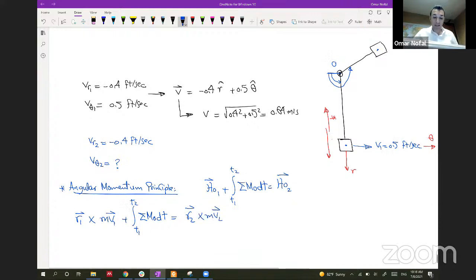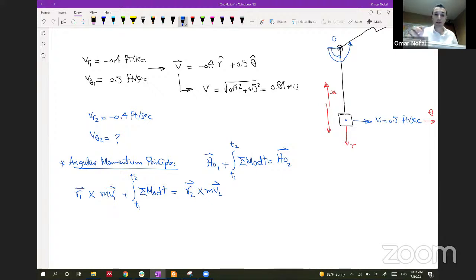Okay, so let's see if we have moments or not. Let's make sure this is a top view, and let's assume that we have our crate like this, and there's a tension in the bar, and this bar like this.